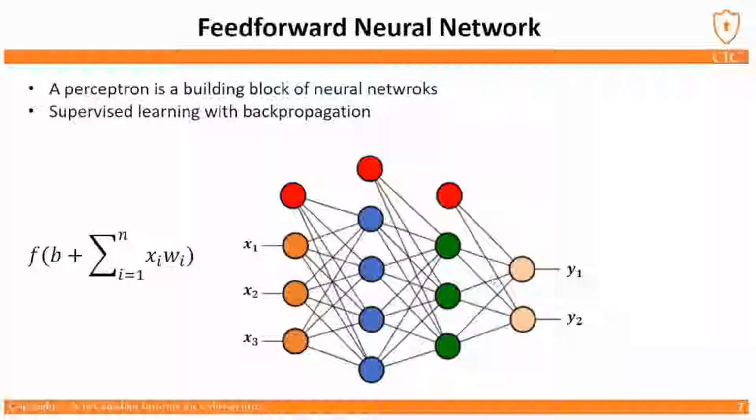The perceptron is the building block of these networks, and they work based on supervised learning with backpropagation. They have an activation function, and they work by summing the multiplication of the weights and the activations, and adding the bias; the red nodes are biases.